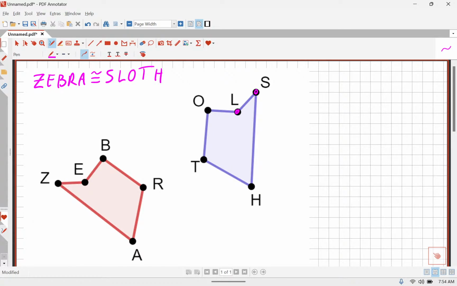Now let's say that you didn't want to do it sloth and zebra. What if you wanted to do Elshto? What about Elshto? How would I line that up so it was congruent with Elshto? So, Jaden, what am I going to start with on zebra if I went Elshto?